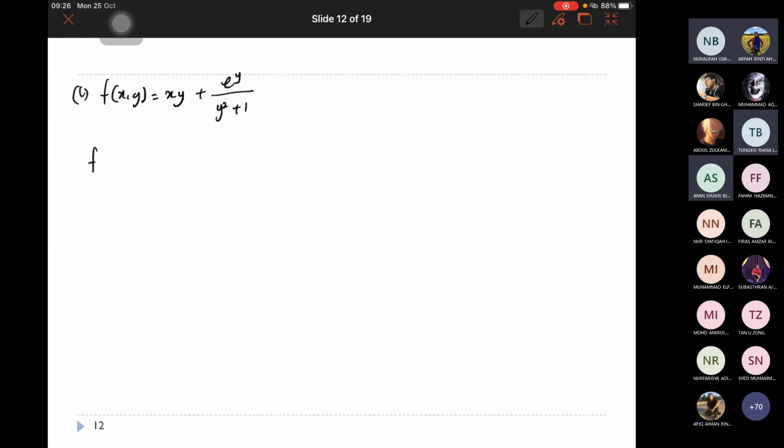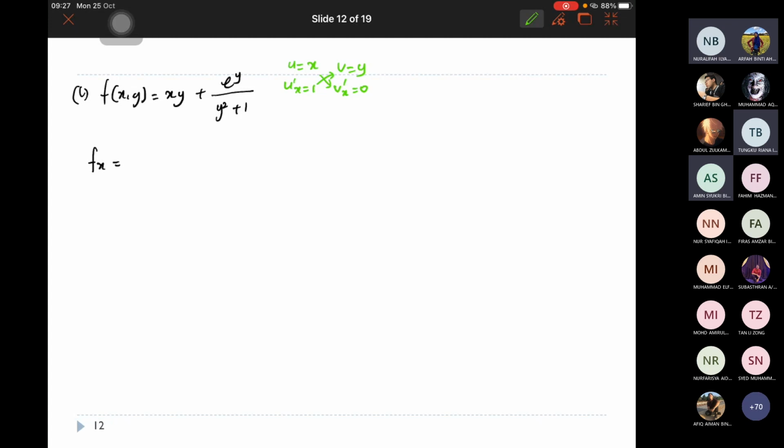So partial derivative with respect to x. Okay, so bezakan uxy, this one. Kalau tak tahu buat satu-satu that is much safer. U equal to x, u prime x equal to 1. V equal to y, v prime x equal to 0. Then the second term you have, then darat silang. Okay. So the second term you have terhadap y.